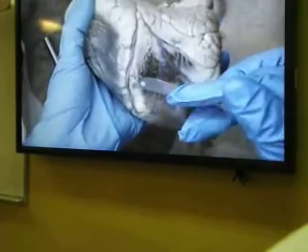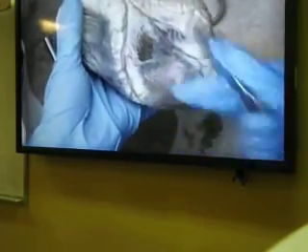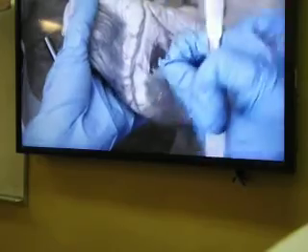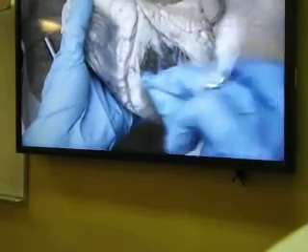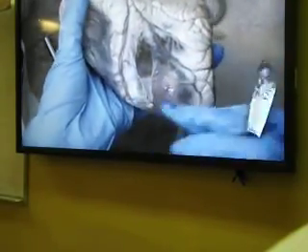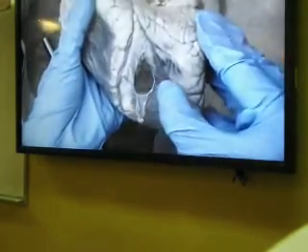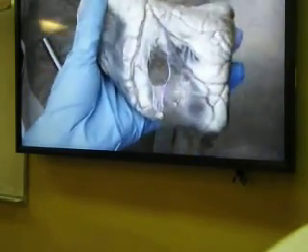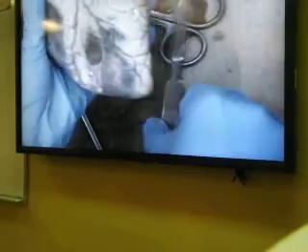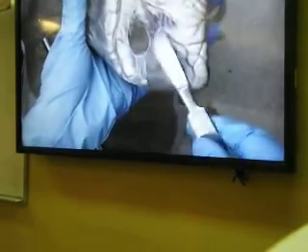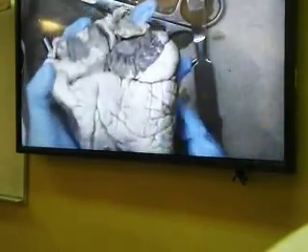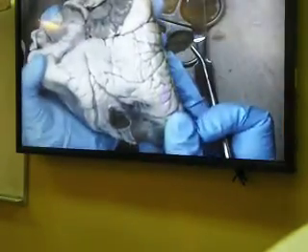Obviously it is good to notice that this white structure is a serous membrane, which we call the visceral pericardium or epicardium, and the heart muscle is directly underneath that.